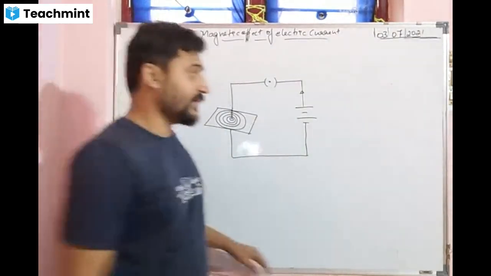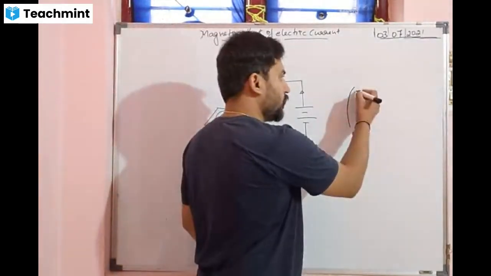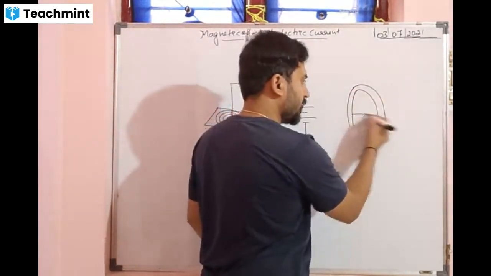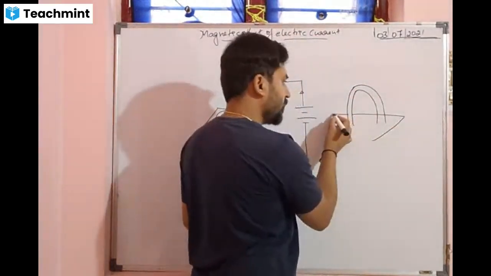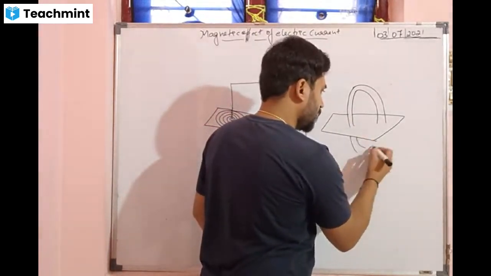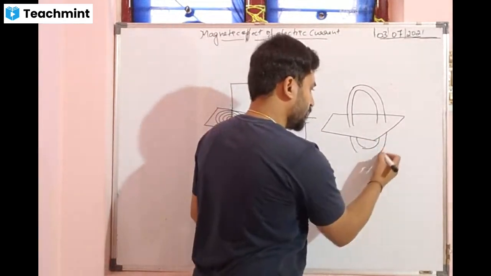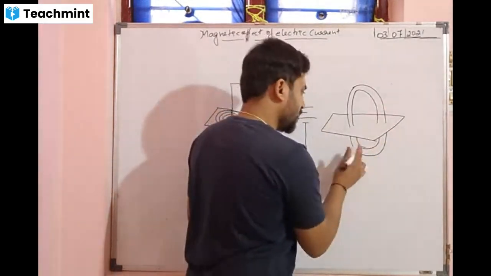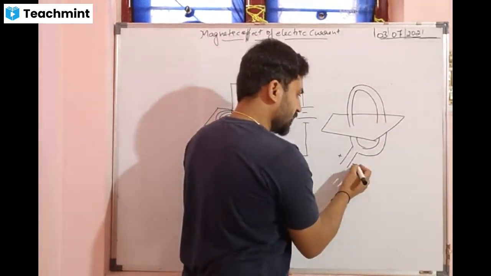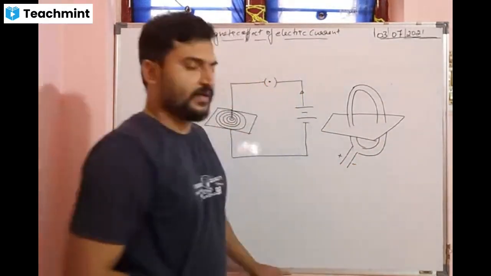So this was with the straight conductor. In a circular loop, if you connect two ends here, one is connected positive, another is connected negative.